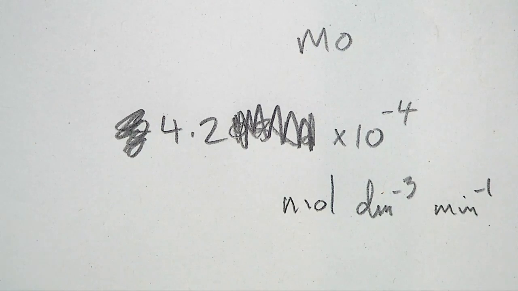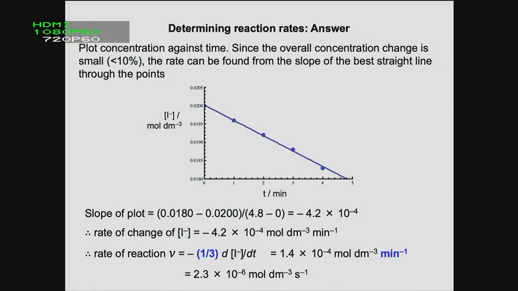So the other thing is that the stoichiometry is not taken into account with that answer. So you need to divide it by 3, because the stoichiometry of iodide in this reaction is 3. So if you look at the bottom, this was the number I was just talking about.